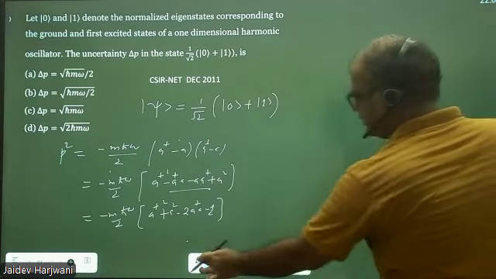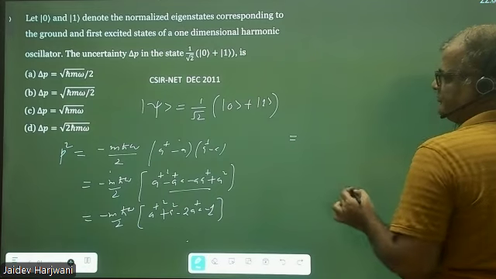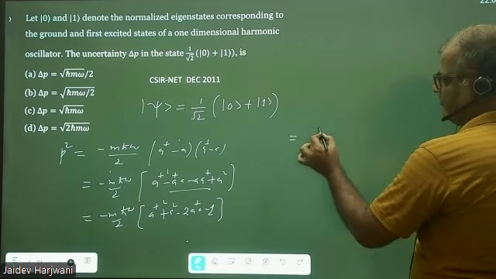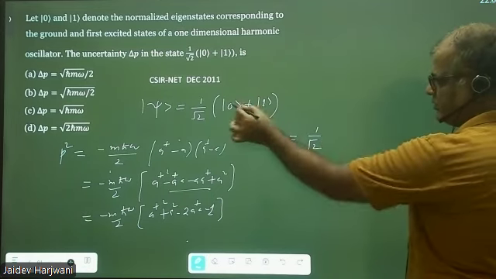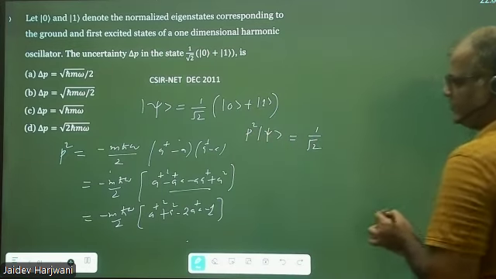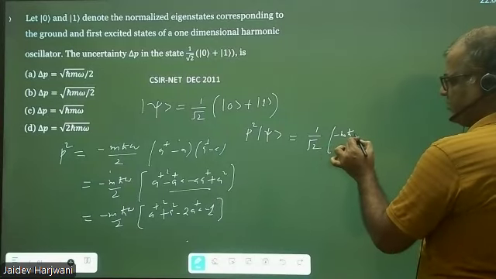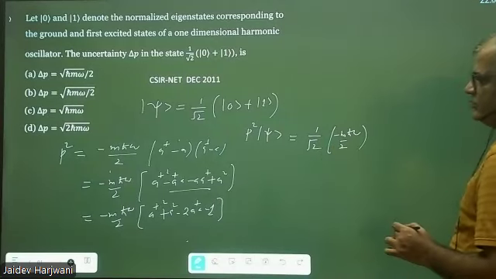Now let us operate p square on the state psi. This will give you 1 by root 2 times minus m h cut omega by 2.